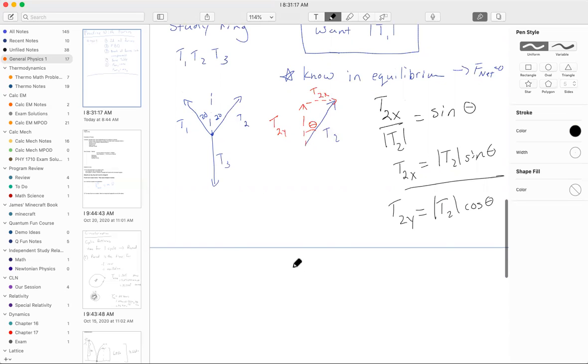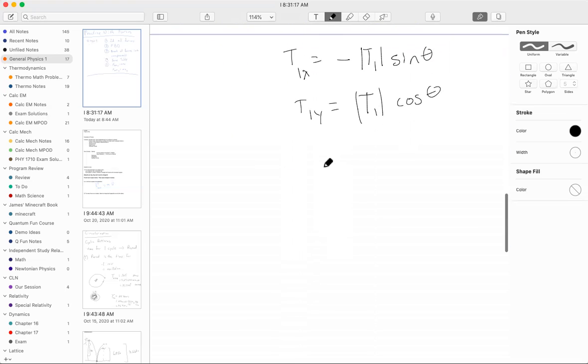So T1x is going to equal negative T1 sine theta, and T1y is going to equal T1 cosine theta. And this is positive because tension 1 points upwards. All right, so now let's construct my force table.